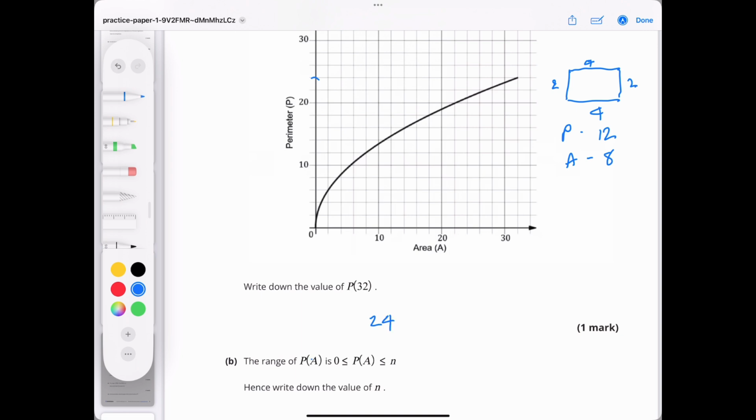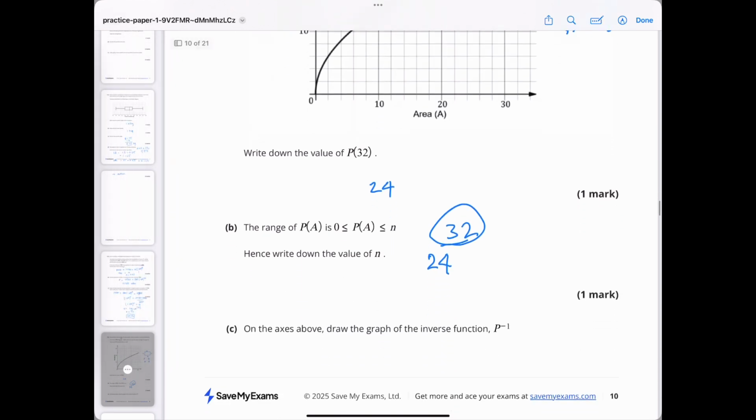The range of the area is up to 32. So the value of n is going to be 24.